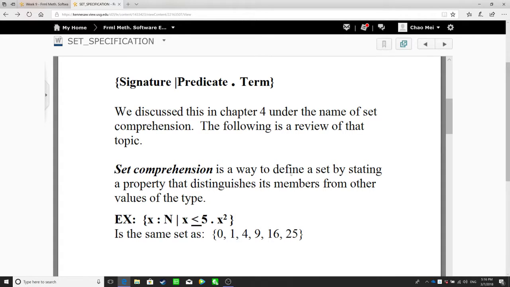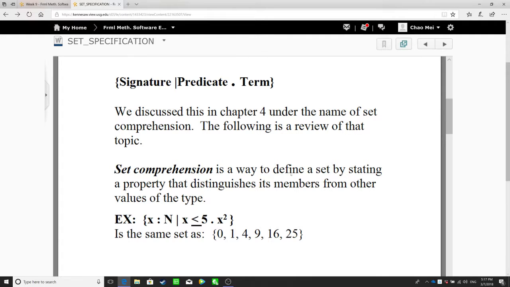But what is the signature? What is the predicate here? The signature tells you what set this element belongs to. Here n is a natural number, and obviously here we count 0 as a natural number.